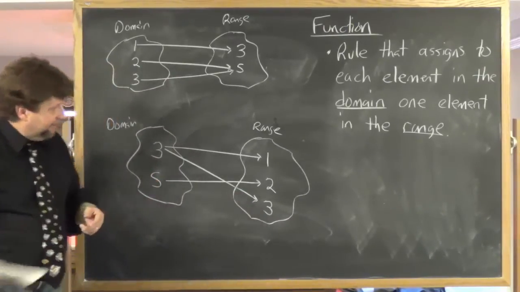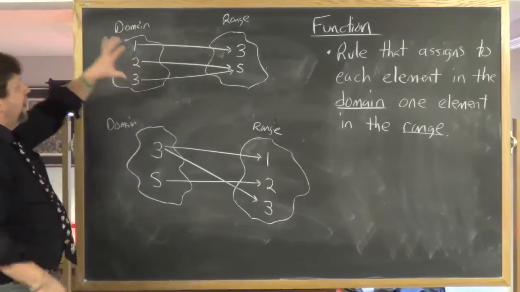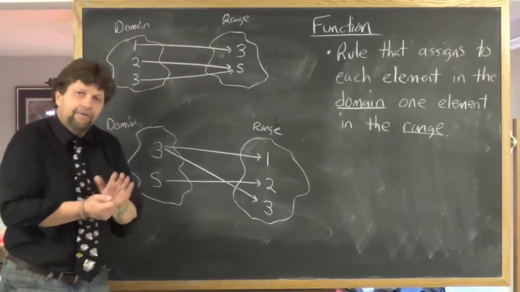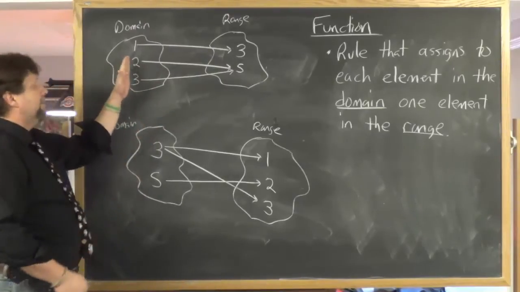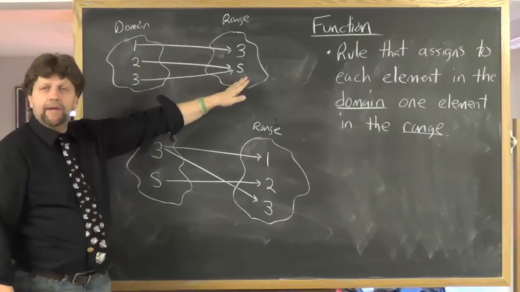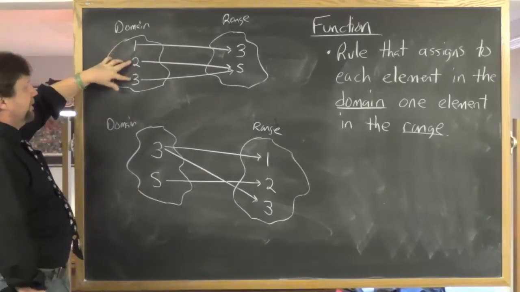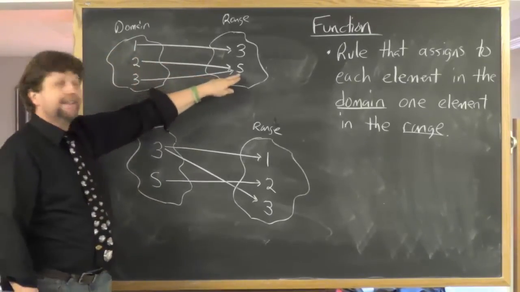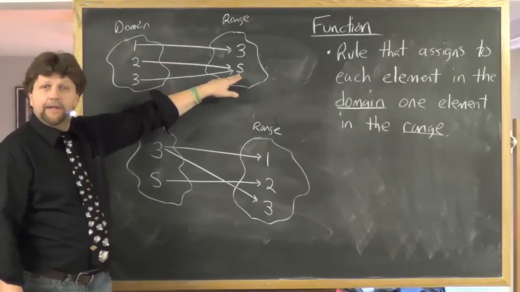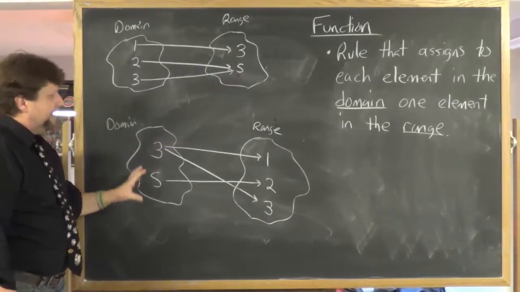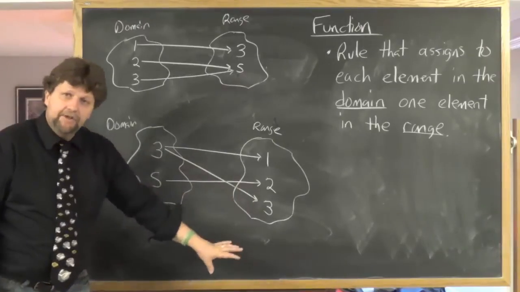Now check this out. This up here pictorially shows you exactly what a function would look like. Element from the domain going to an element in the range. It's okay that the numbers 2 and 3 from the domain were going to the same range element. That's okay, that's cool. Down here, this is not a function.